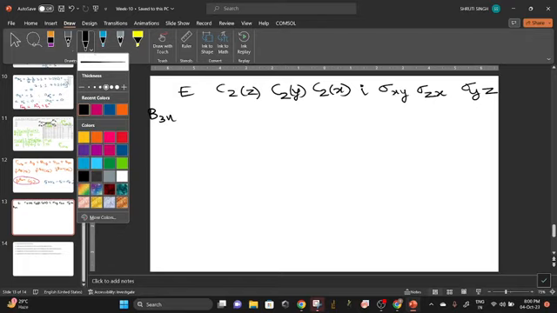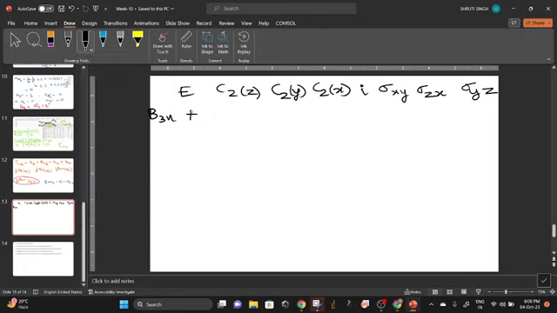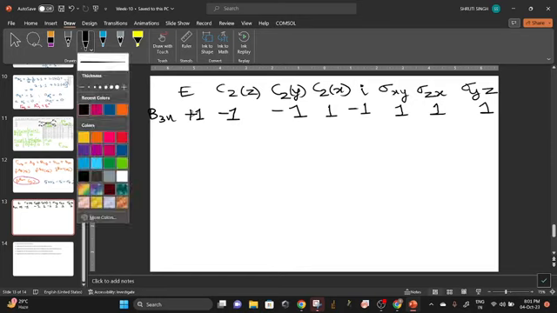I'm copying the characters from the character table: first is plus 1, second minus 1, this is minus 1, this is 1, inversion is minus 1, then 1, 1, 1.